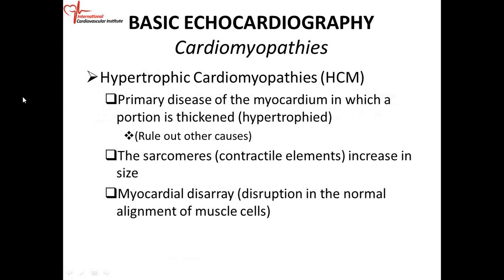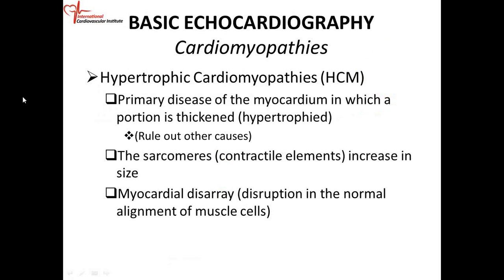When we talk specifically about hypertrophic cardiomyopathy, we're talking about a primary disease of the myocardium in which a portion of the myocardium is thickened. You can have secondary hypertrophy, for example from hypertension or aortic stenosis, anything that increases the afterload, which a lot of the time will cause the myocardium to hypertrophy.